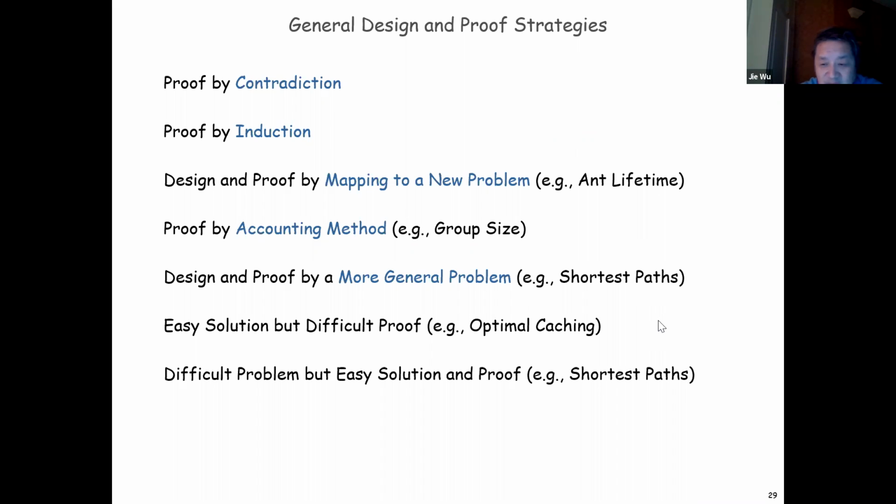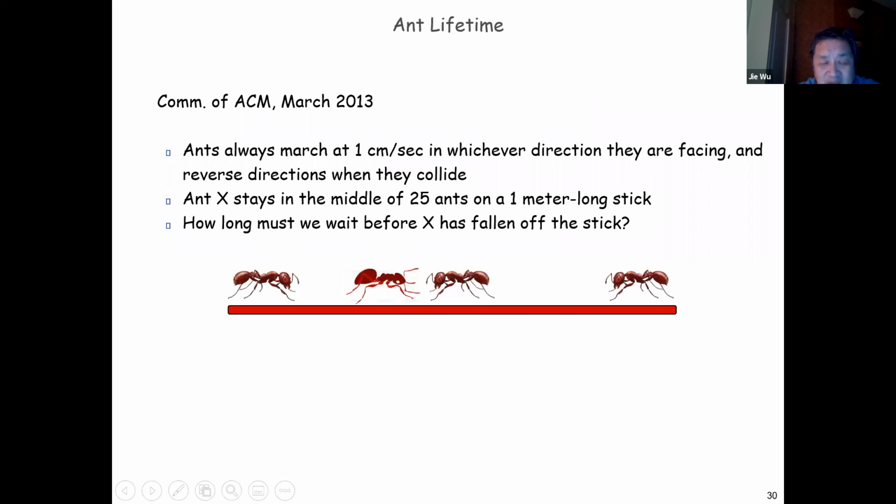Okay, so let's review the first problem we discussed last time, the lifetime problem. It's not directly related to our algorithm, but this is also one way to prove optimality or to do some calculation.